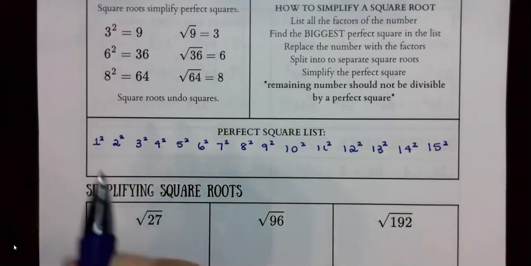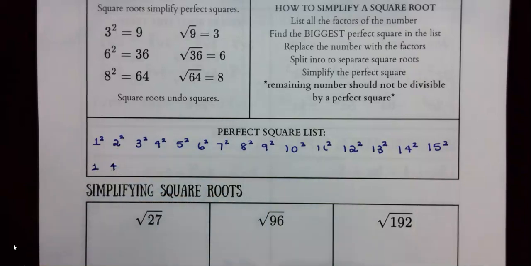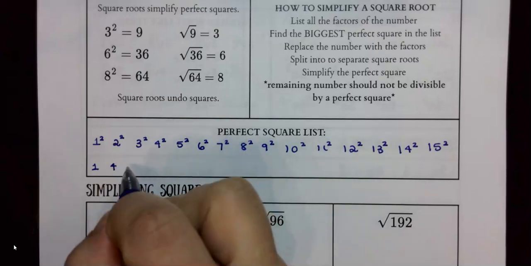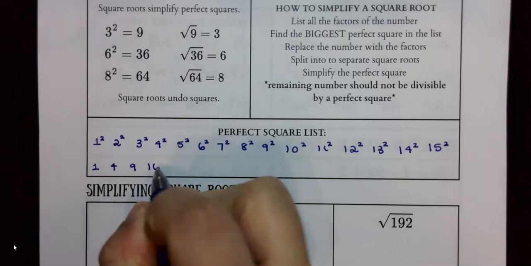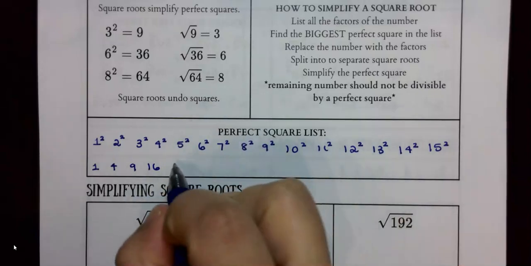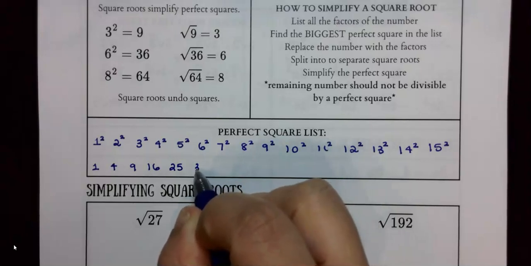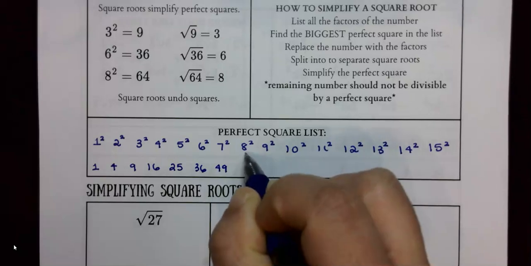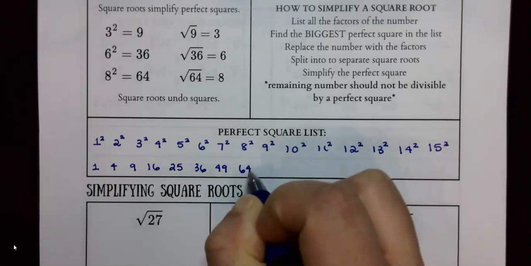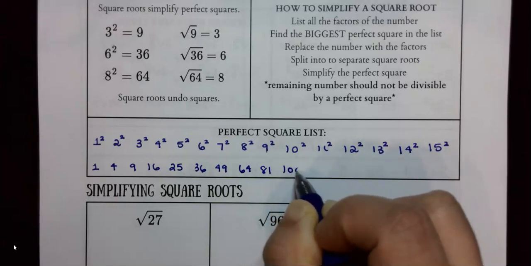So we know that 1 times 1 is 1, 2 times 2 is 4, 3 times 3 is 9, 4 times 4 is 16. Then we have 5 times 5 is 25, 6 times 6 is 36, 7 and 7 give us 49, 64, 81, 100.